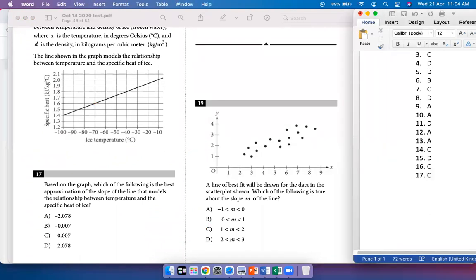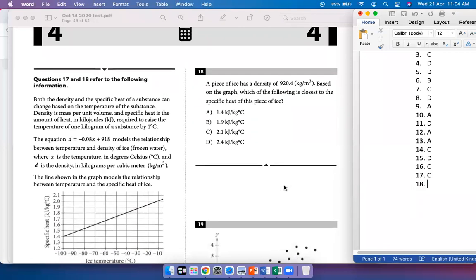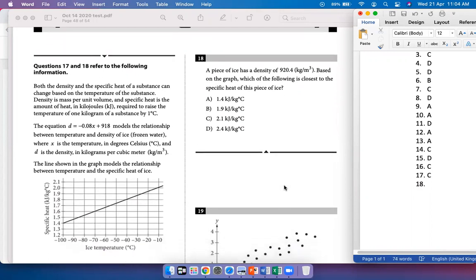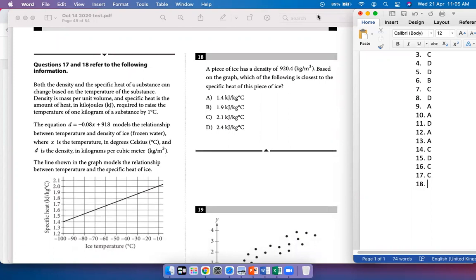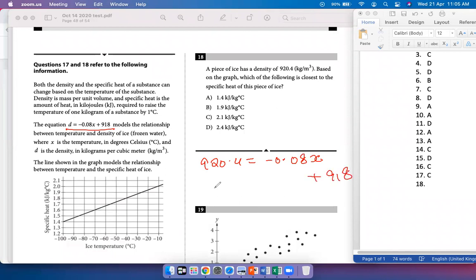So that's C. Okay. A piece of ice has a density of 920.4 kilograms per meter cubed. Based on the graph, which of the following is closest to the specific heat of this piece of ice? Okay, so it has a density of 920.4. So I'll use this equation, minus 0.08x plus 918. So 920.4 minus 918 is 2.4, and that's minus 0.08x.